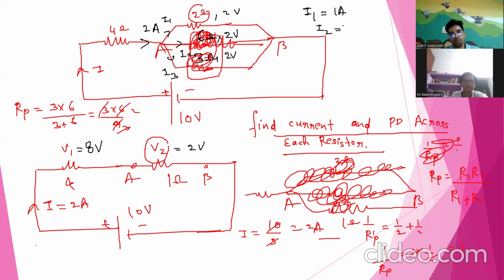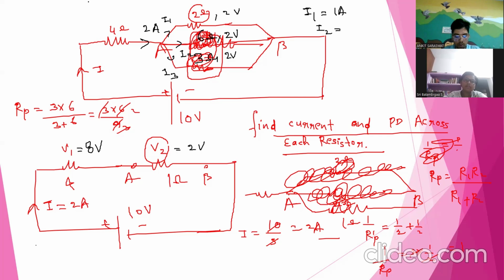I2? 3, sir. Okay, then I3, 3 by 2. Are you sure I2 is 3?